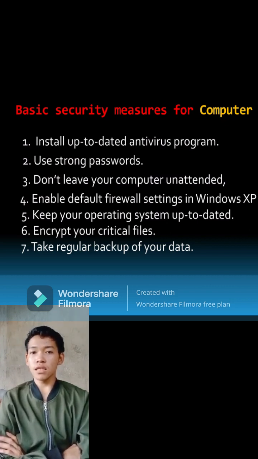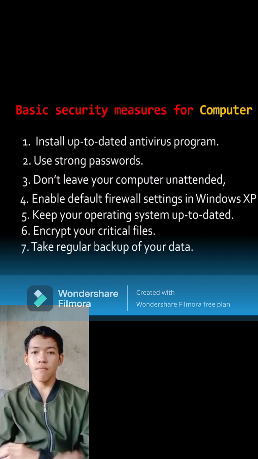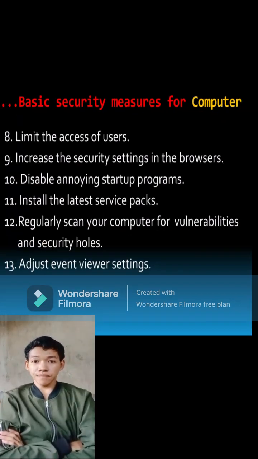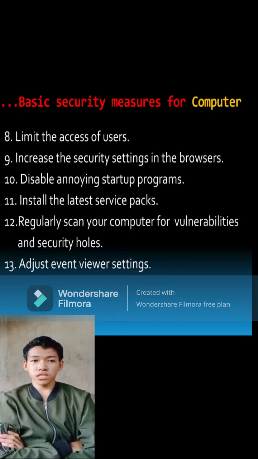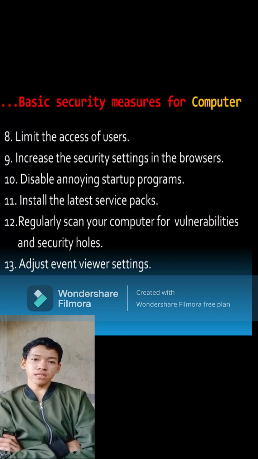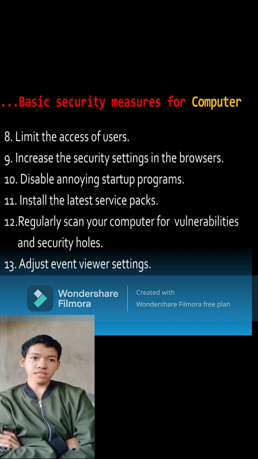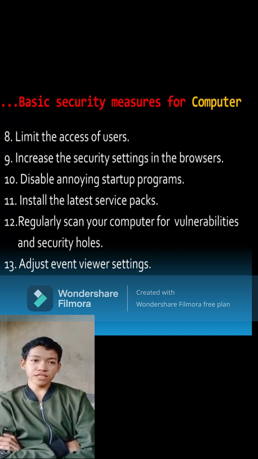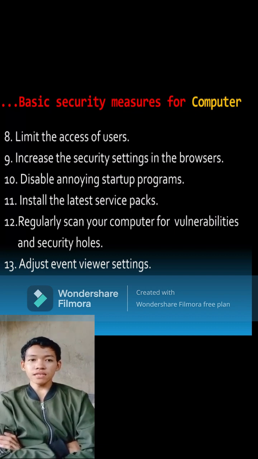Take regular backup of your data. Next one is limit the access of users. And then increase the security settings in the browser. Disable annoying startup programs. Install the latest service packs. Regularly scan your computer for vulnerabilities and security holes. And the last one is adjust event viewer settings.